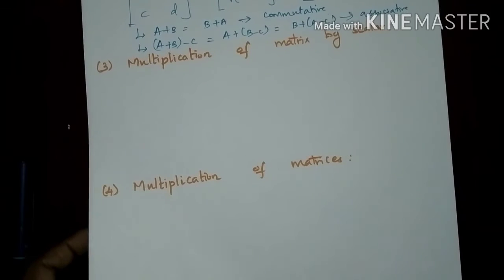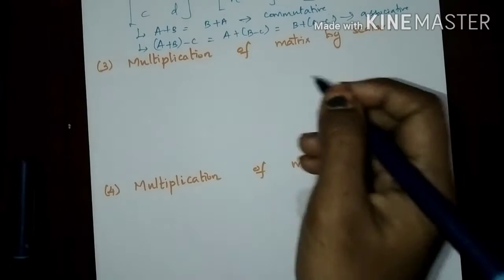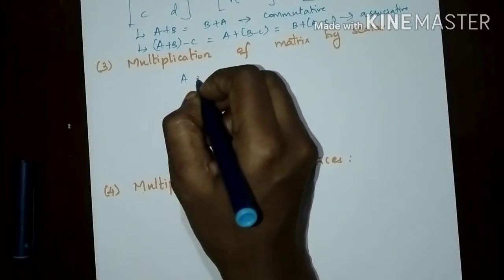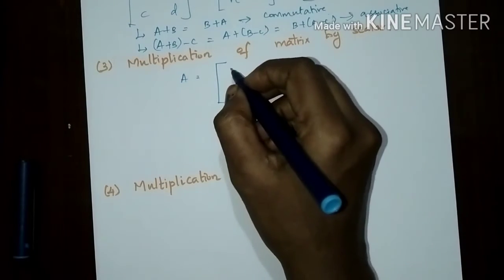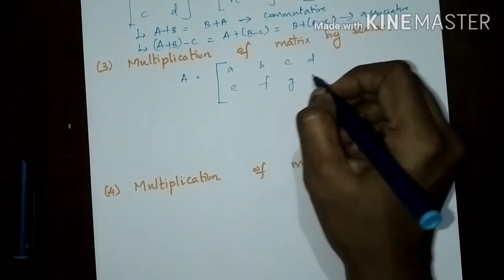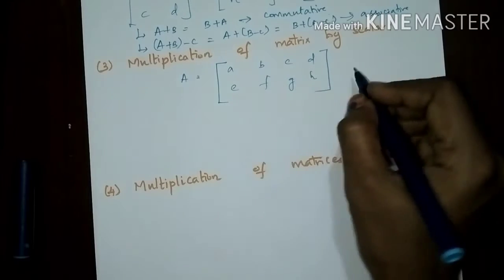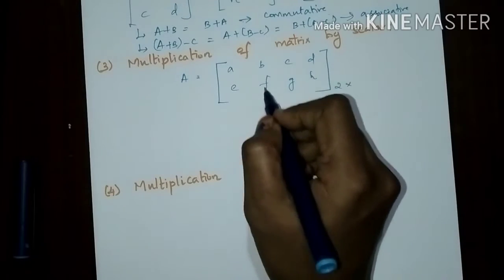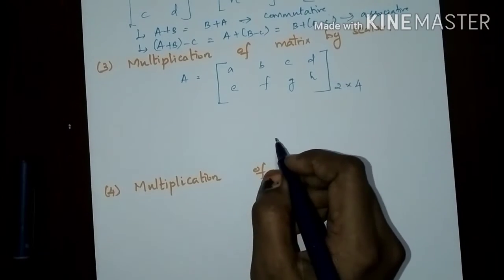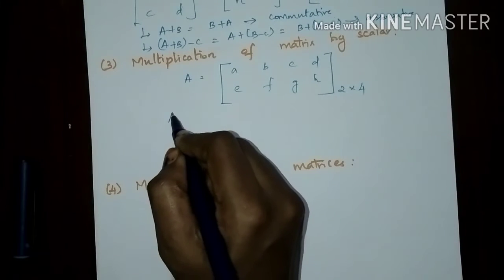Now we can move on to multiplication of matrices by scalar. Let us consider a matrix A which has the elements a, b, c, d, e, f, g, h. Right? The order of the matrix would be, it has 2 rows and 4 columns. So 2 cross 4. Okay. Now consider a matrix A. You are going to multiply with a scalar.